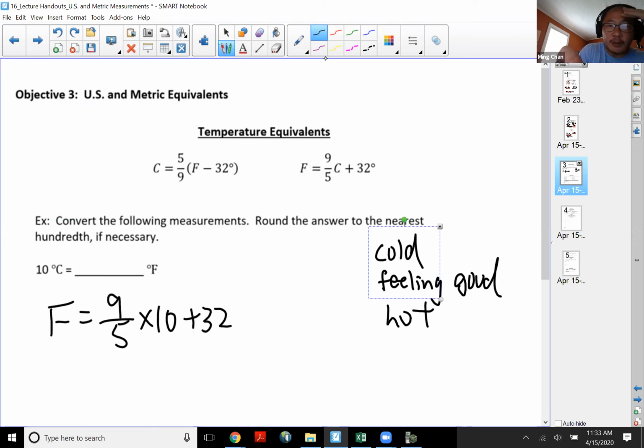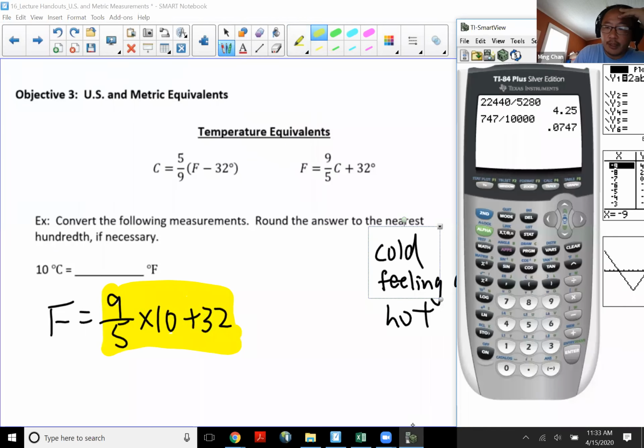Okay, so according to order of operations, we actually take the 9/5 times 10 first before we add 32. So we can just type it in straight up. If you want parentheses to protect your fraction, you can. You don't really have to. Plus 32.